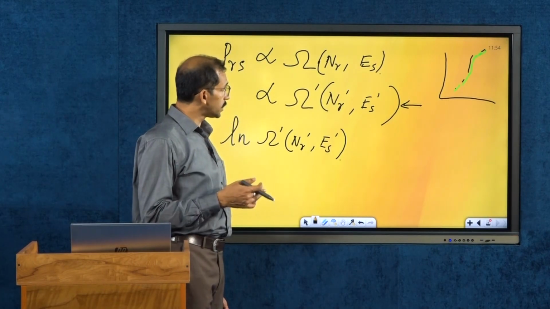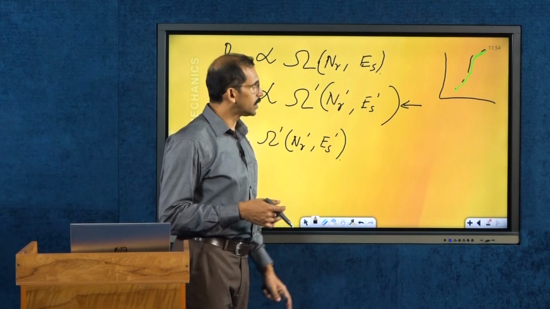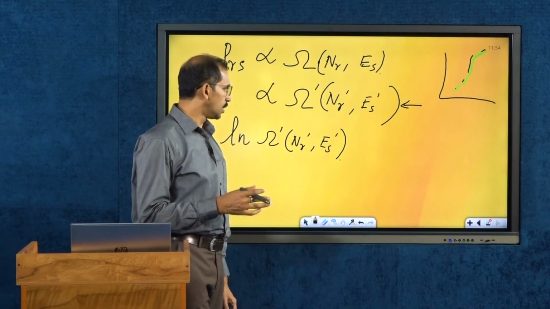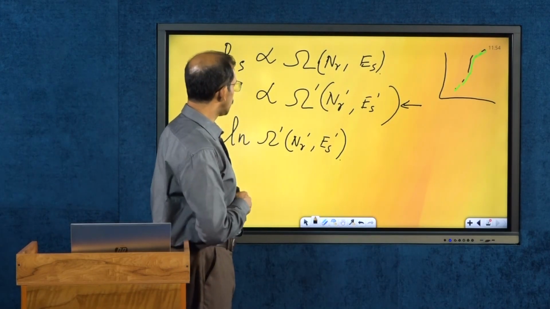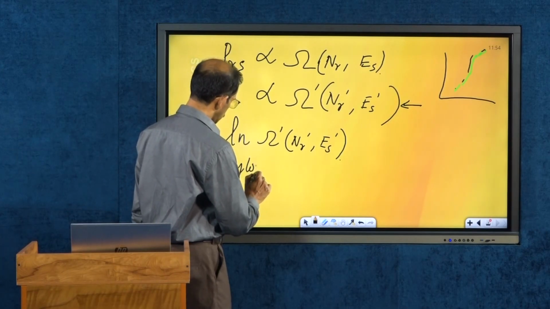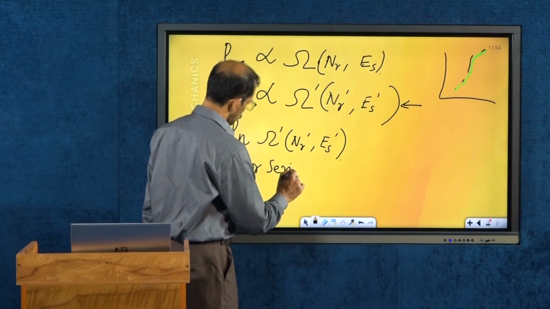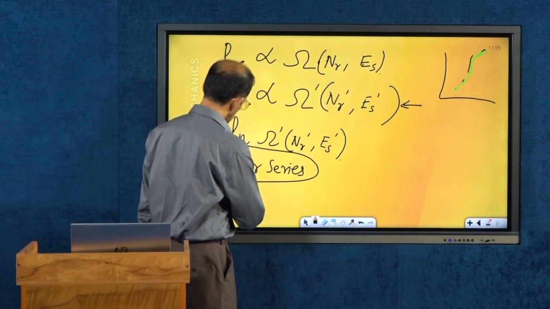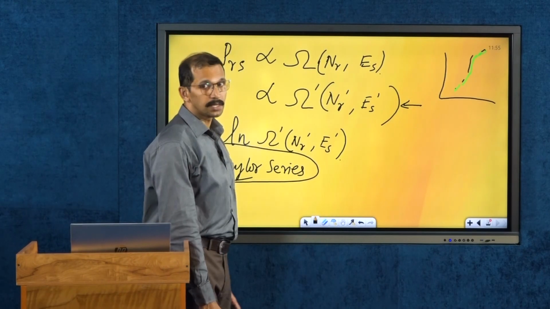So, what is the function which we will use so that we can approximate this situation? Similar to the case of canonical ensemble, we will use the Taylor series. What is the Taylor series?